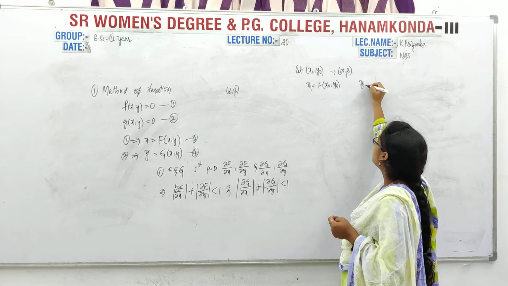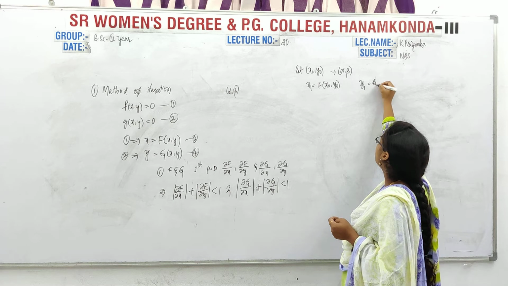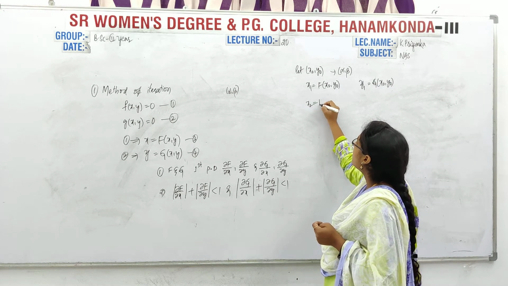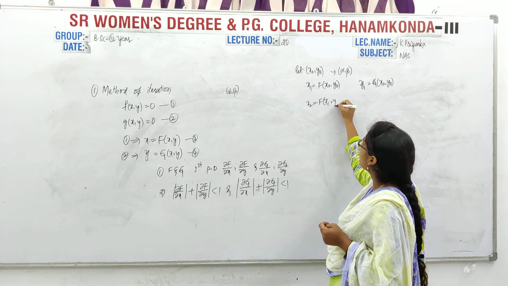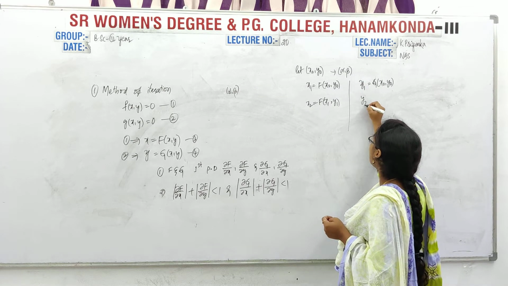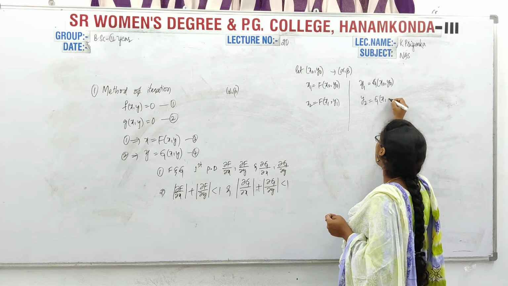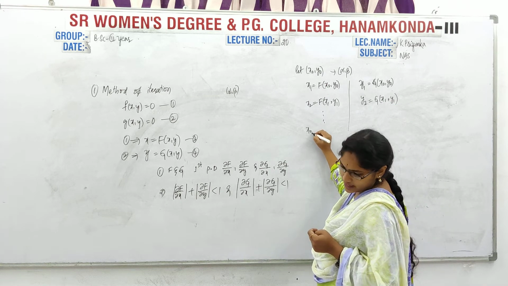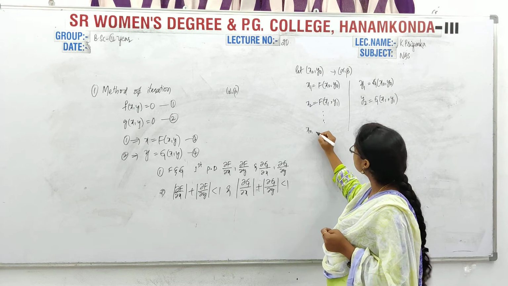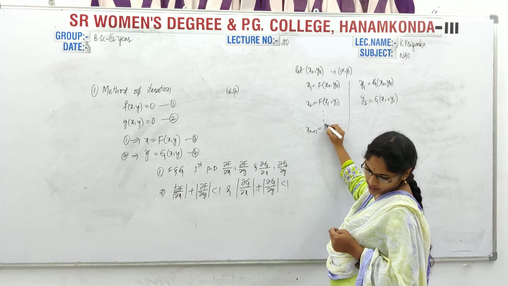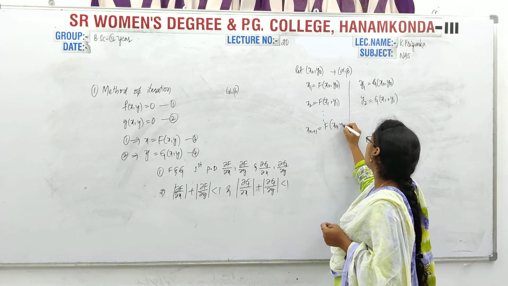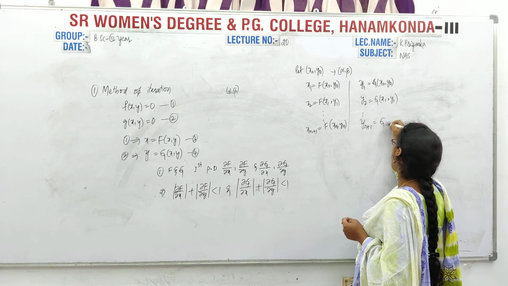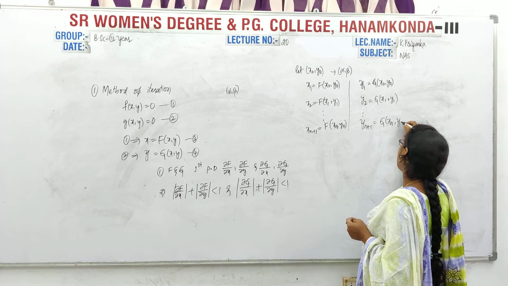Next we calculate y1, that will be g of x0 comma y0. Next x2 is f of x1 comma y1, and y2 is g of x1 comma y1, and so on. x n plus 1 is equal to f of xn comma yn, and y n plus 1 is g of xn comma yn.